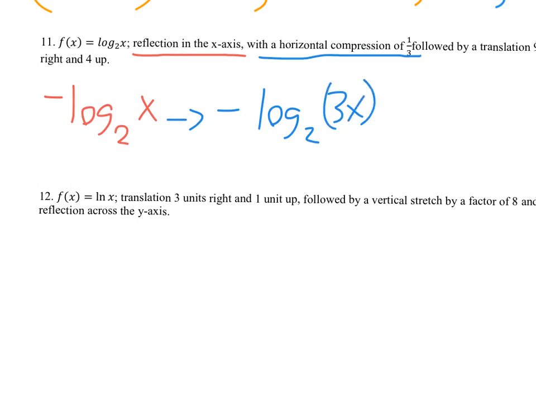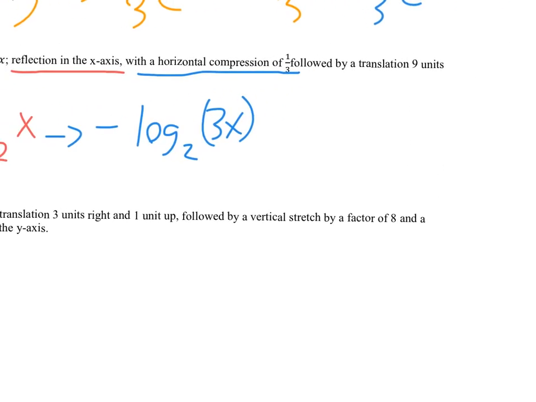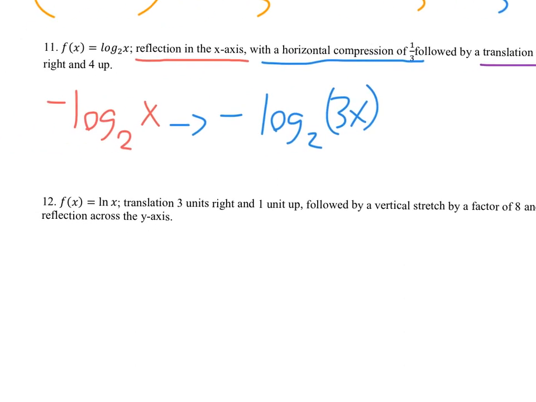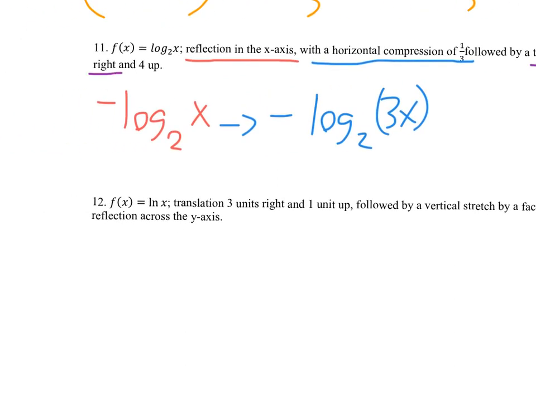Followed by translation 9 units to the right. So 9 units to the right. That means we're going to replace our x with x minus 9. Now folks, because we've already applied the horizontal compression, this means we're going to have to distribute that 3 across both the new x and the new minus 9.